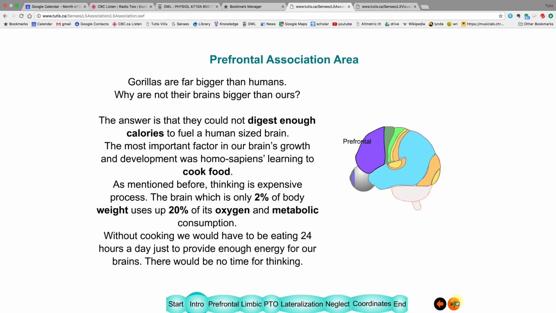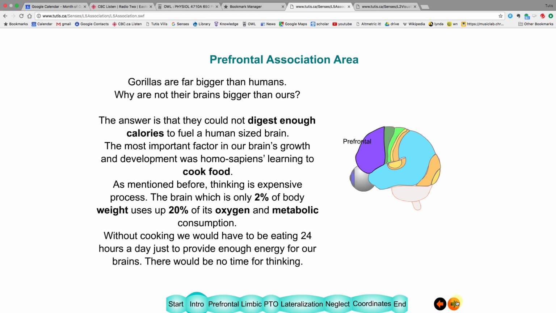Because again, this small part of your total body, in terms of body weight, is only 2% of your whole body weight. But it uses up 20% of its oxygen and 20% of all its calories. And so if you weren't able to cook food, and that is to digest the contents of food quickly, that's what cooking does.